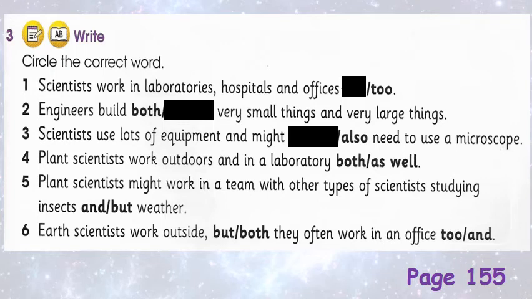Number 4. Plant scientists work outdoors and in a laboratory as well. Number 5. Plant scientists might work in a team with other types of scientists studying insects and weather.